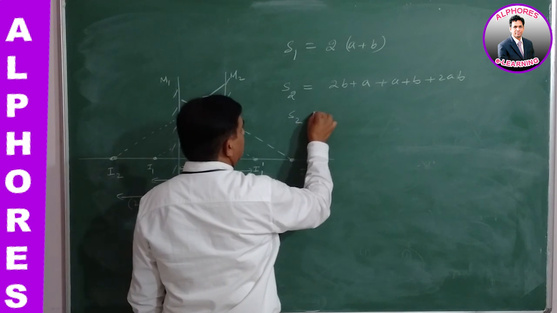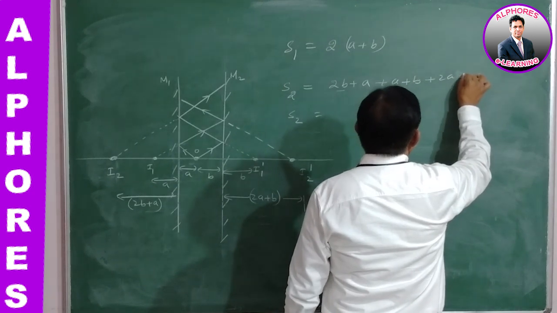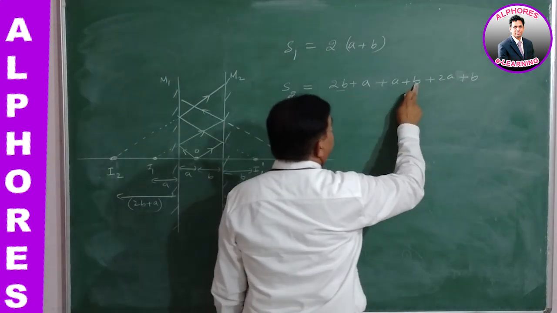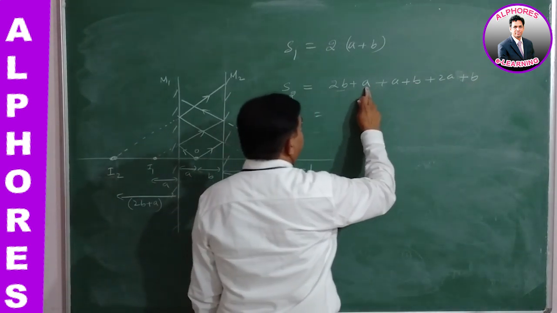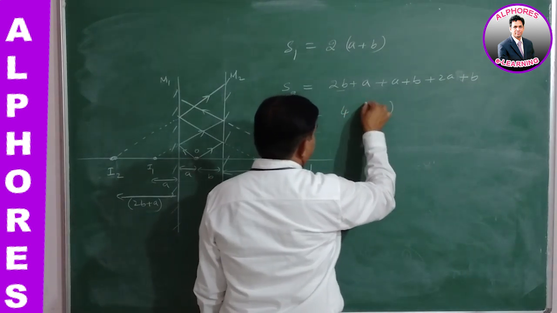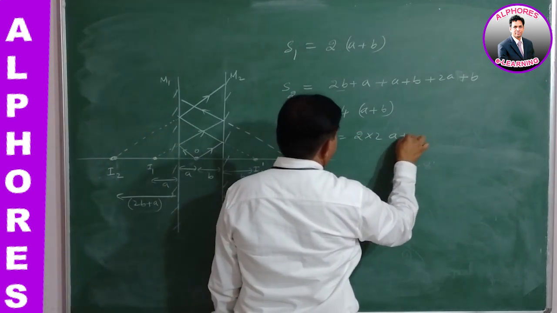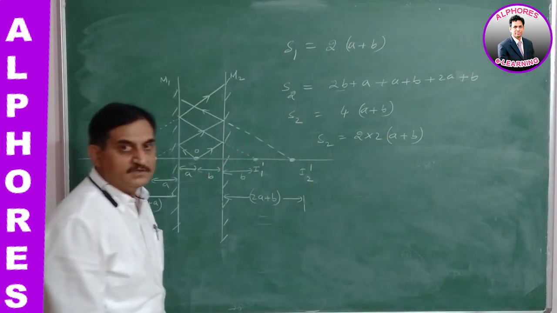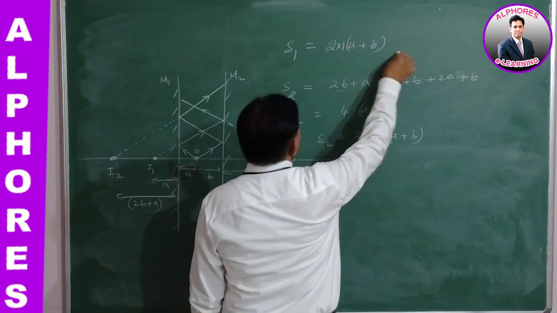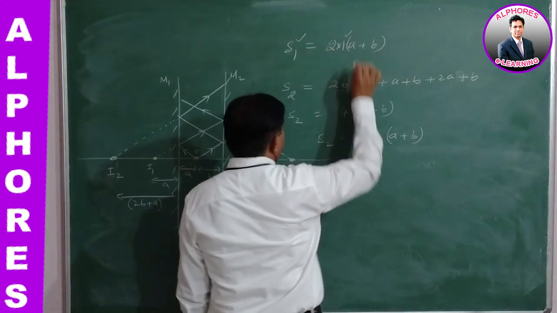Now S2 is equal to 2B and B as a whole, 4B, A, 2A, 4A, 4 into A plus B. So we can write it as 2 into 2 into A plus B. Here S1 is equal to 2 into 1 into A plus B. This is for first order, here 1 comes.